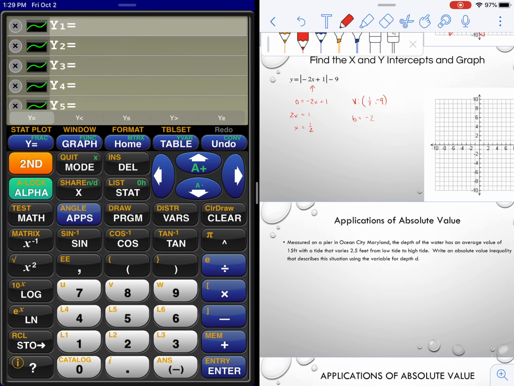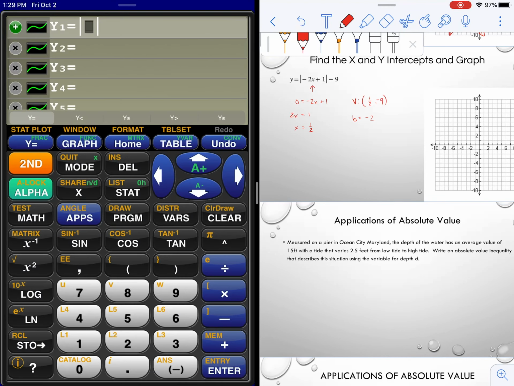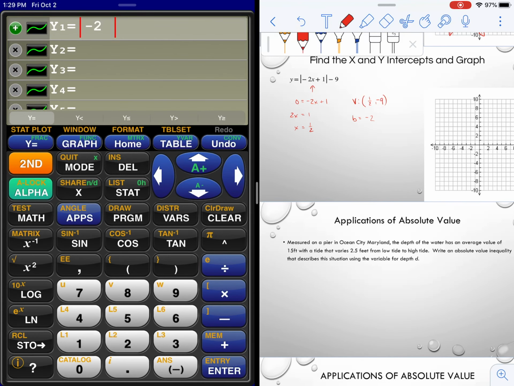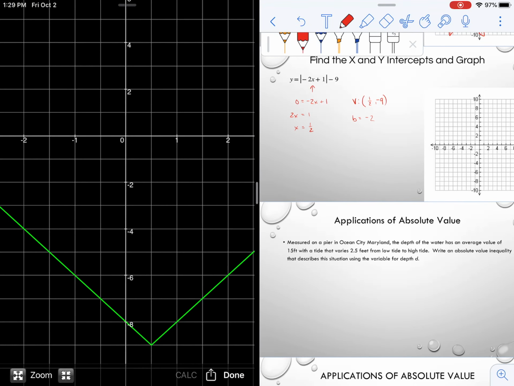So here we're going to have the absolute value. Let's see if I can find that in our math menu. So the absolute value of -2x plus 1, and minus 9. And if I go and graph that, now we're going to have a graph that looks something like this.